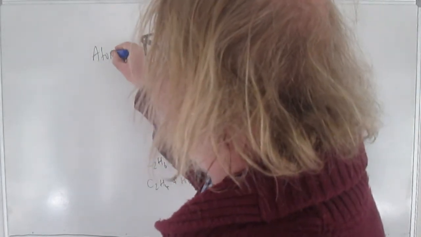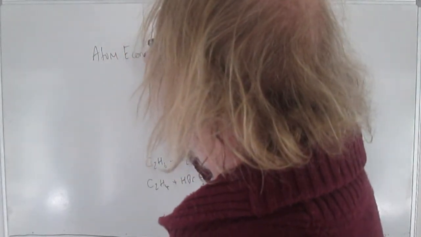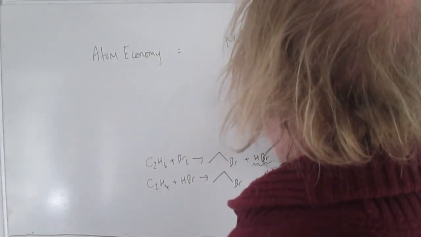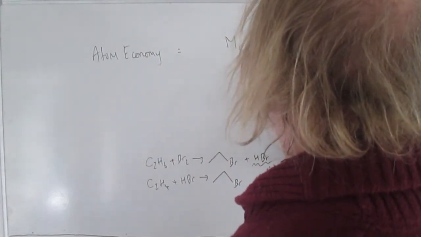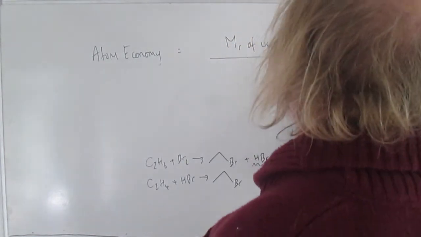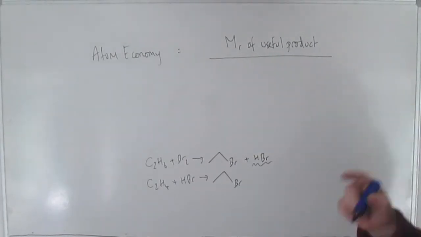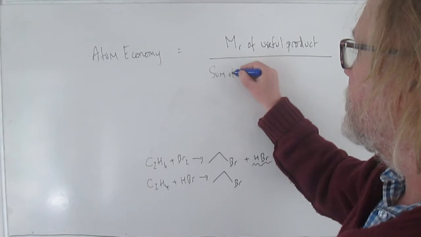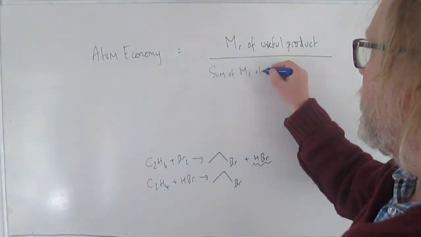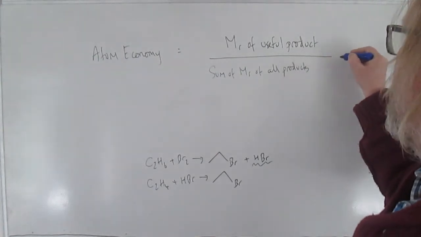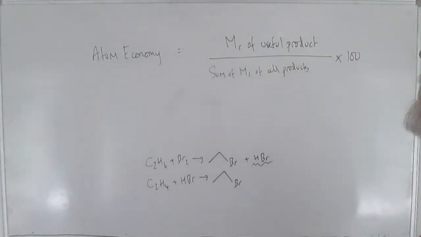So atom economy is the MR of the useful product or products, but in our calculations we'll usually just focus on one, so we'll say it's the MR of the useful product divided by the sum of the MR of all products, and then times 100 to turn it into a percentage.